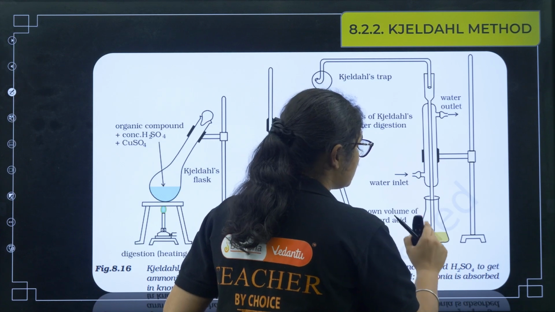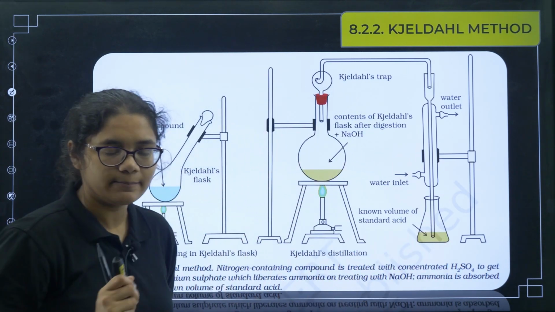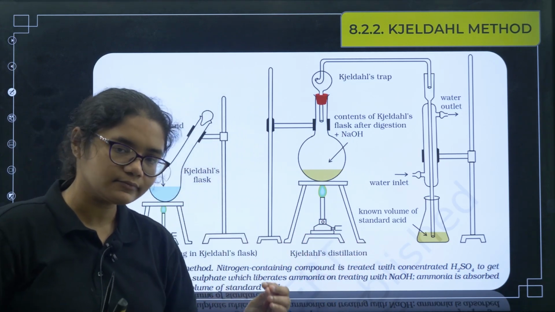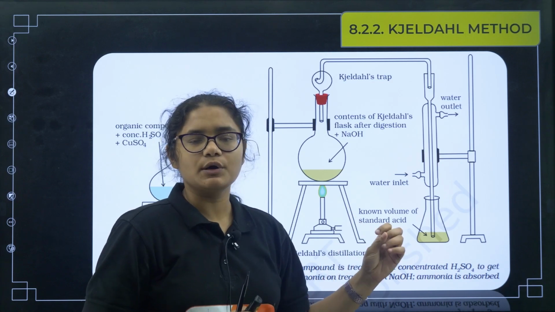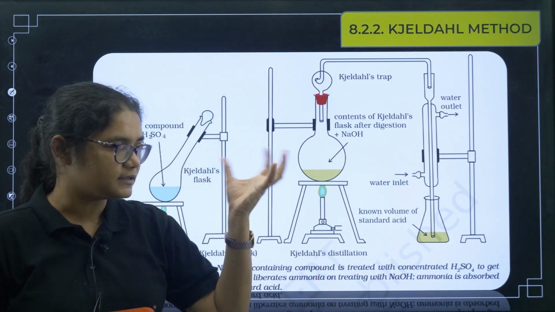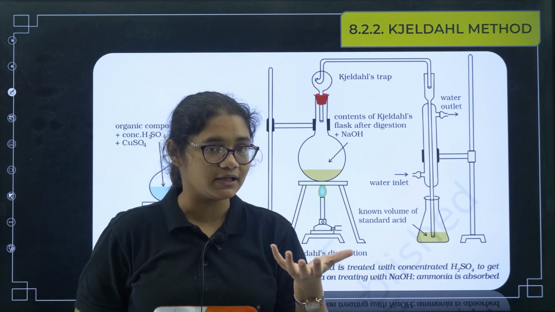Now you titrate this with a known volume of standard acid. For example, V amount of acid is present. We know how much amount was present. Now the reaction is complete, and some amount of acid will remain in the beaker, right?